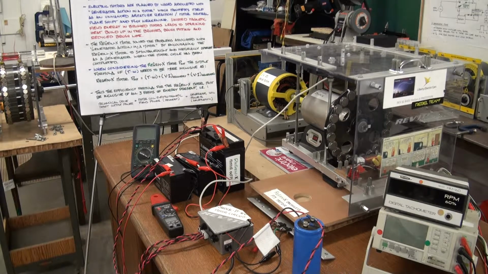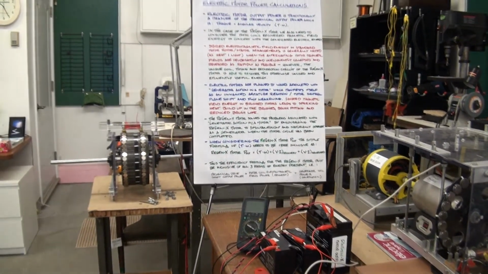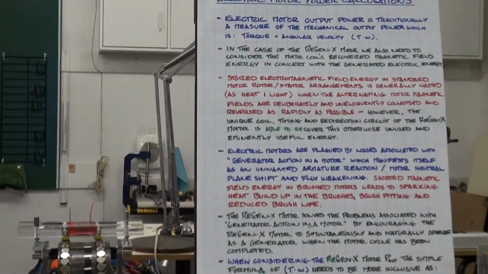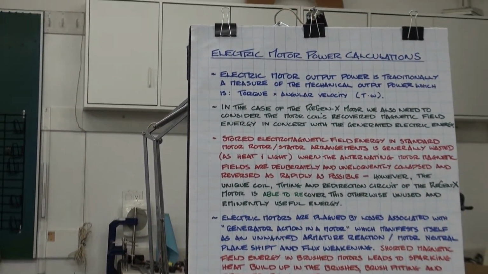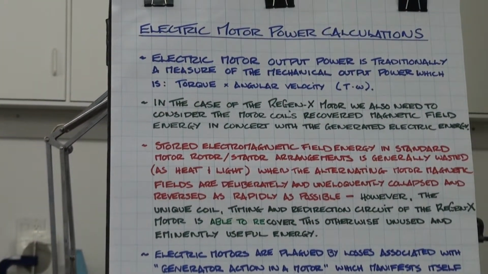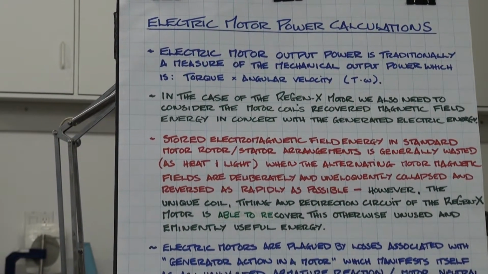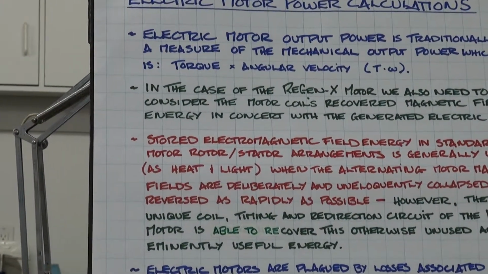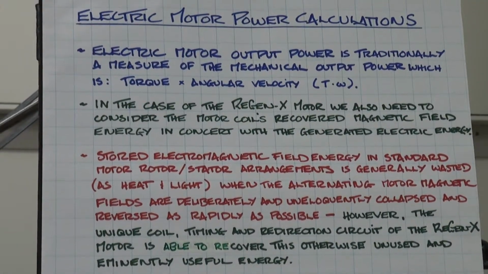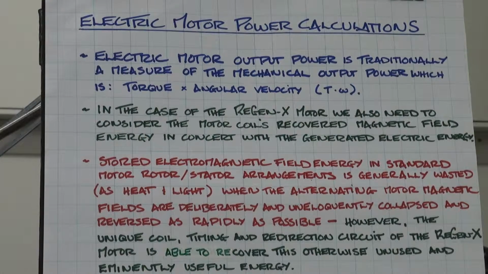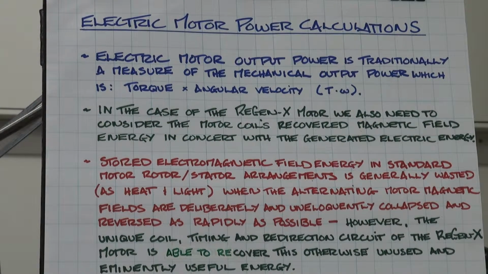Now, when we consider the Regen X motor, the power calculations become a little bit more detailed. And so when we look at electric motor power calculations, electric motor output power is traditionally a measure of the mechanical output power, which is torque times angular velocity.